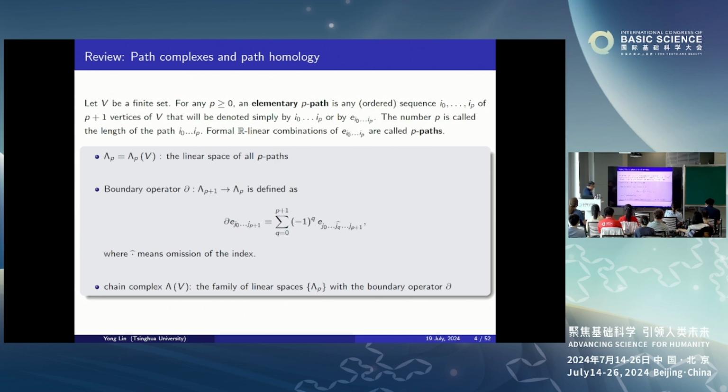So this operator ∂ acting on a (p+1)-path equals the right-hand side. This is the signed sum. This notation means we delete this index i_q. So this operator is from lambda p+1 to lambda p.